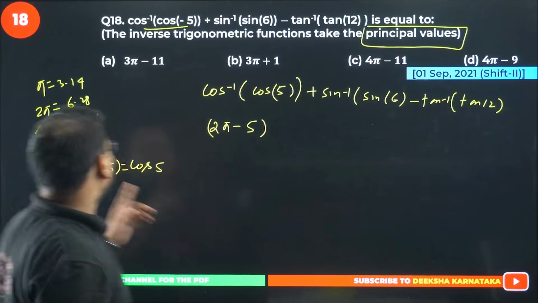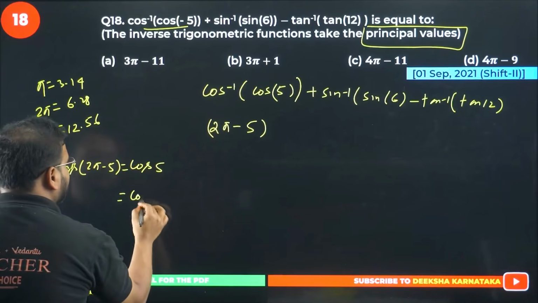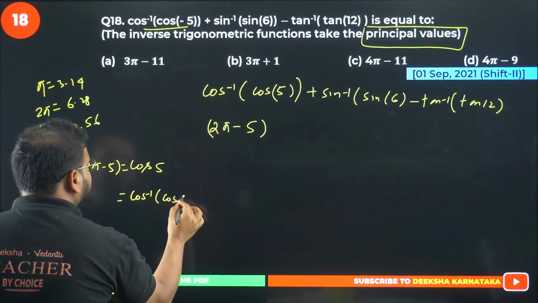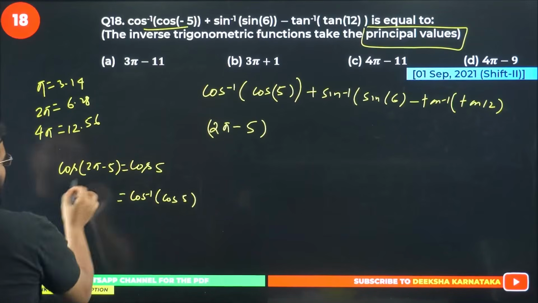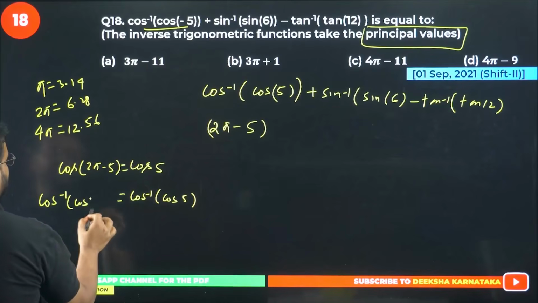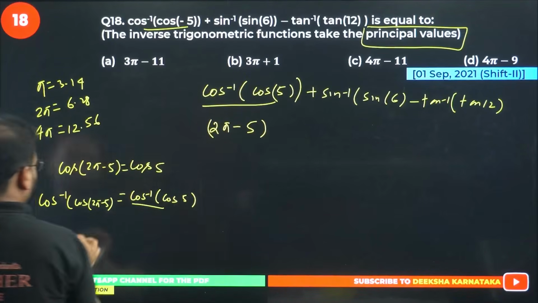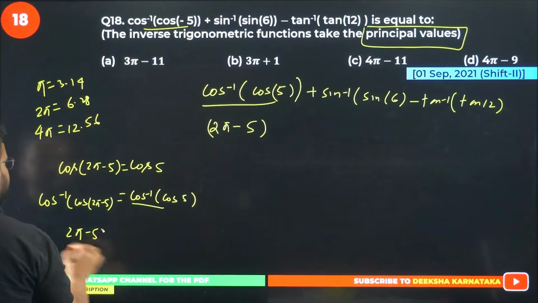So I am doing 2 pi minus 5. Now if I operate cos inverse on this side, cos inverse of cos of 5, and over here also cos inverse of cos of 2 pi minus 5. This is the question itself. And this side is going to be 2 pi minus 5. Please check.